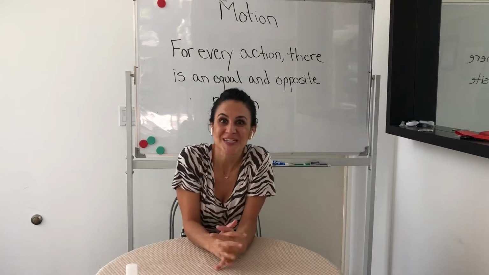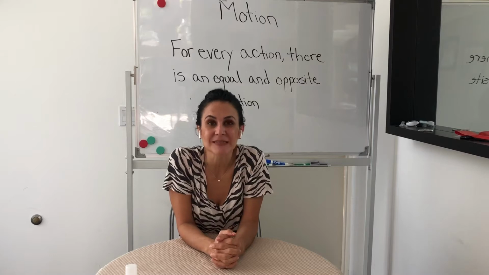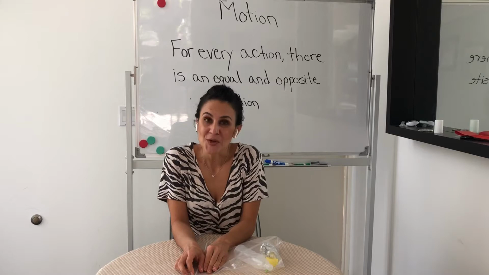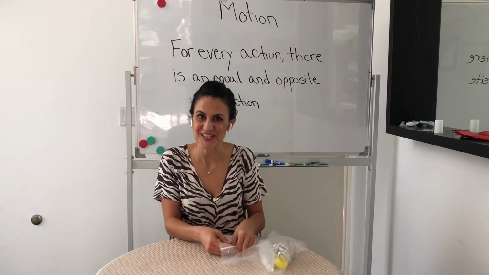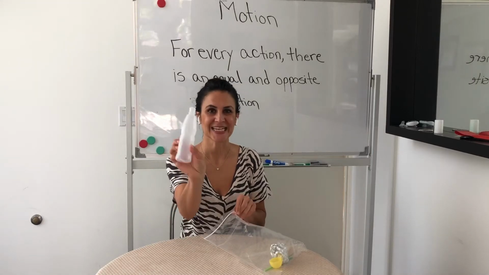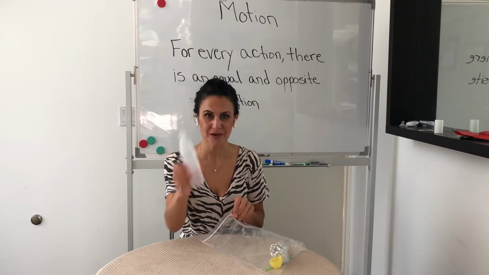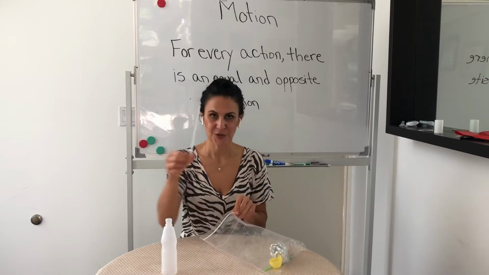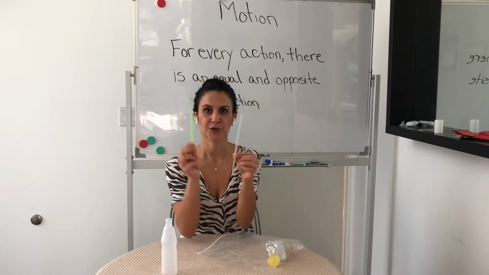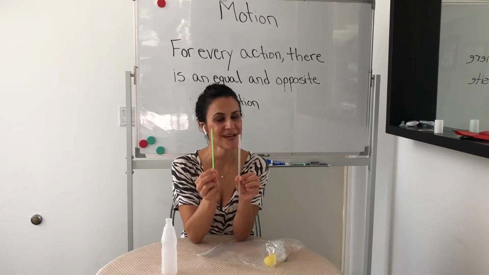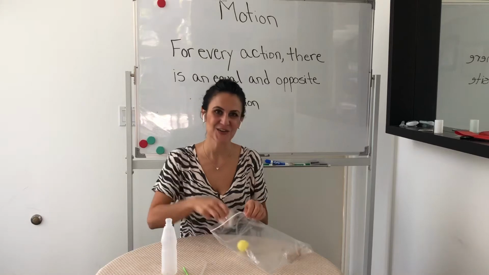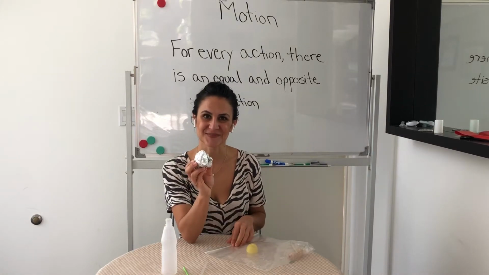Now, what we're going to do together is build another type of rocket. From your enrichment bag, you're going to need 2 items. You're going to need an empty Kool-Aid juice bottle, 1 big clear straw, one thinner green straw, and some clay.